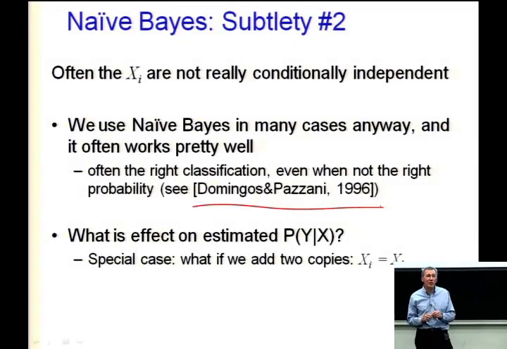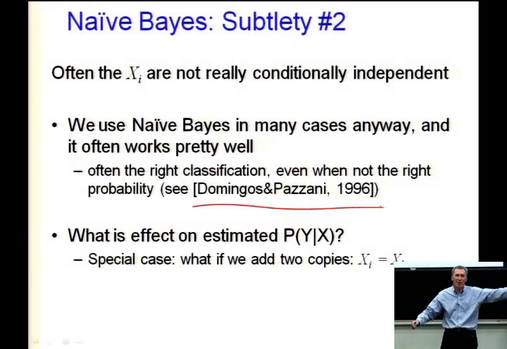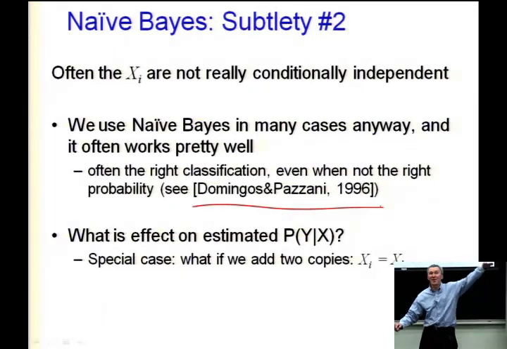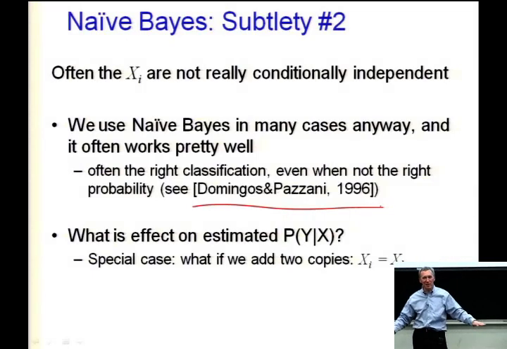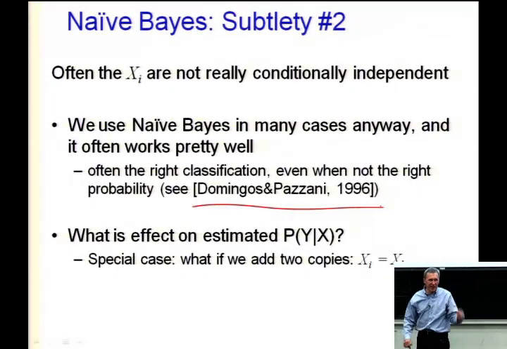In practice, if you look at the probabilities that come out of a naive Bayes classifier for high-dimensional data, that is where we have many variables, not just the 2 or 3 we were talking about here, but if I have 1,000 variables, then quite often the probabilities that come out for the predicted y are very, very close to 1 or very, very close to 0. So they tend to be distorted toward the extremes because of that independence assumption.